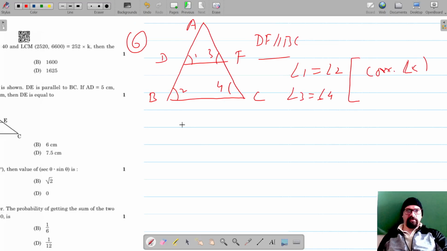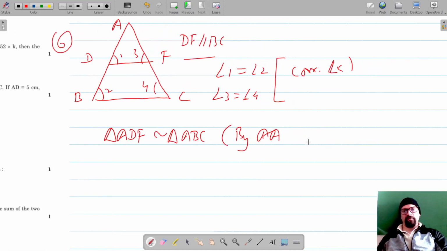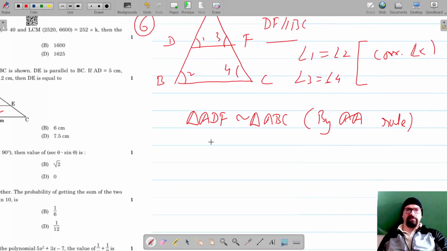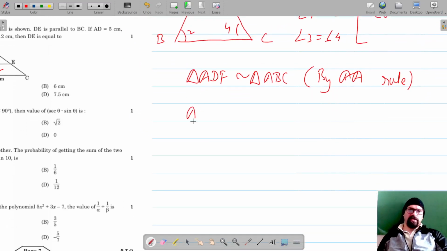If these are equal, that means triangle ADE is similar to triangle ABC by AA similarity rule. So if these triangles are similar, the sides are in proportion, that is AD upon AB should be equal to DE by BC.